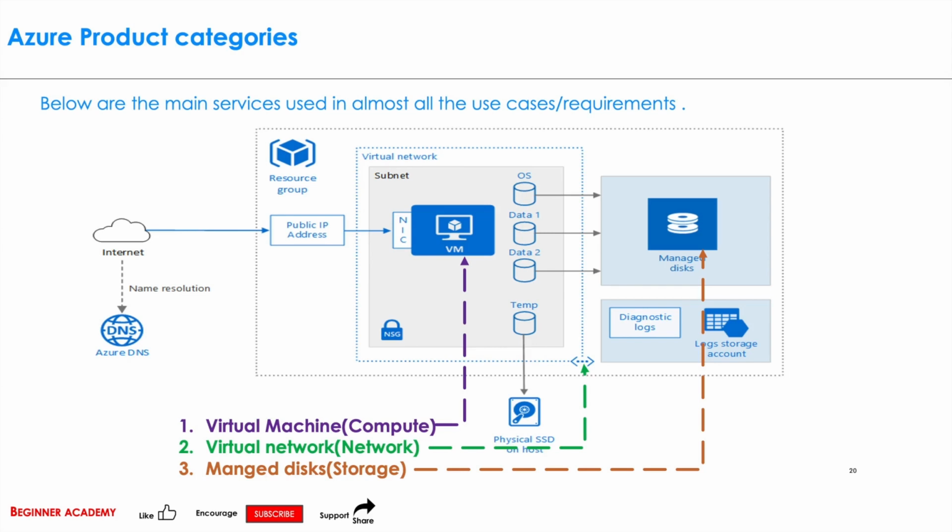In this section, we would be covering the main services used for almost all use cases, that is compute, network and storage. As you can see, below is the infrastructure architecture diagram for any normal software. Let us assume we would be deploying WordPress on Azure.